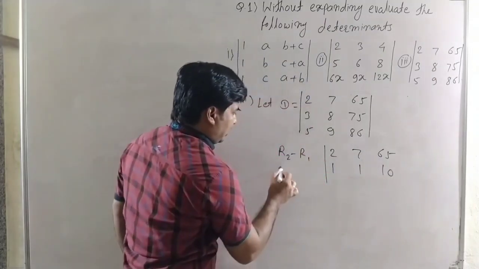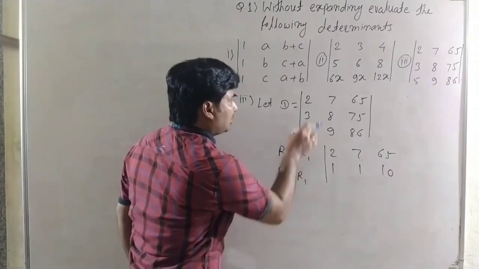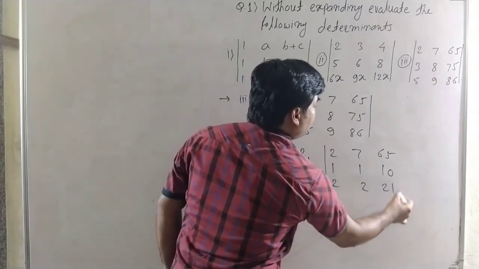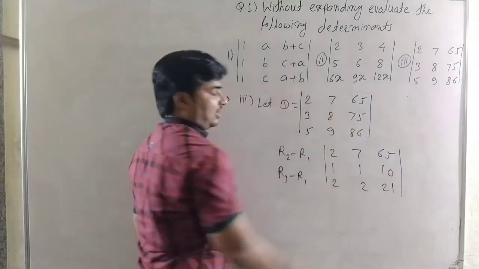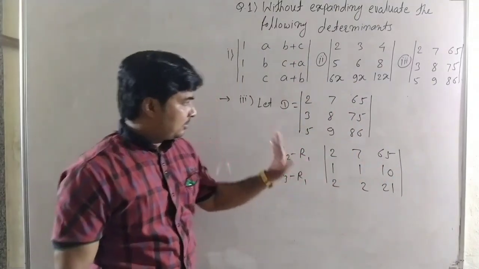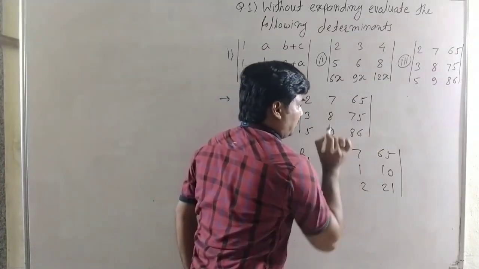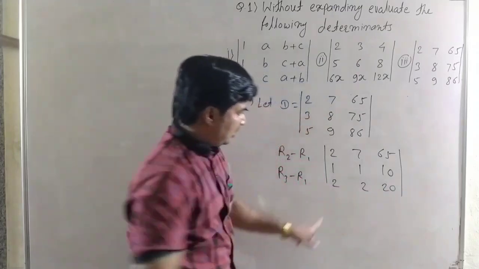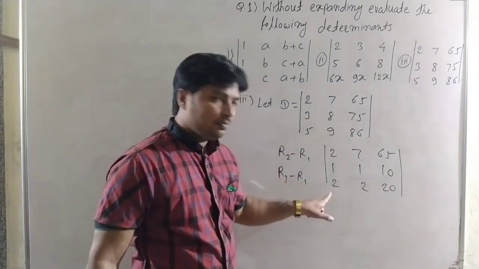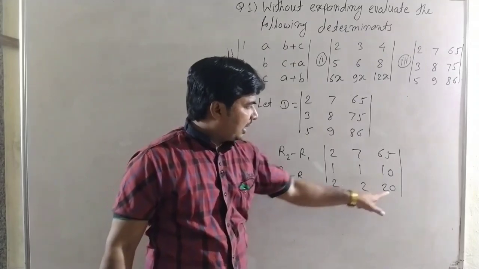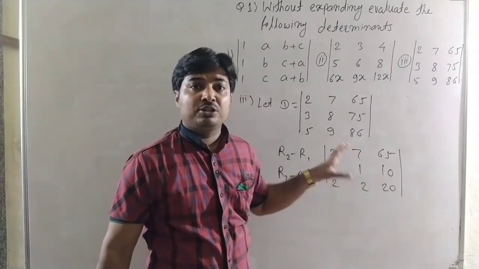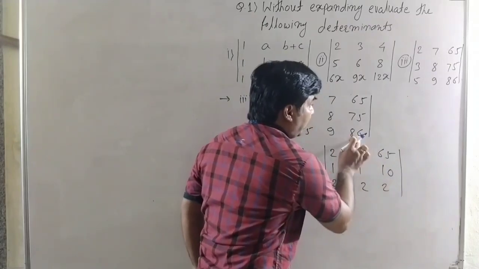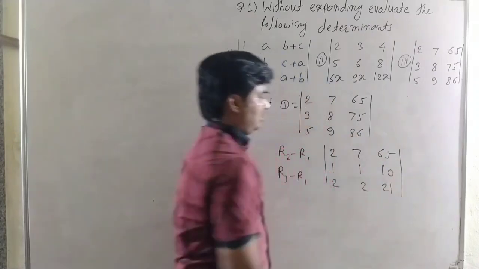And again perform R3 minus R1, here 2, 2 and 21. If it were 85, then we get 20 and take a common 2 from the third column, then 1, 1 and again 10, and the value of the determinant would be 0. But it is not given as 85, it is 86, so it is 1.